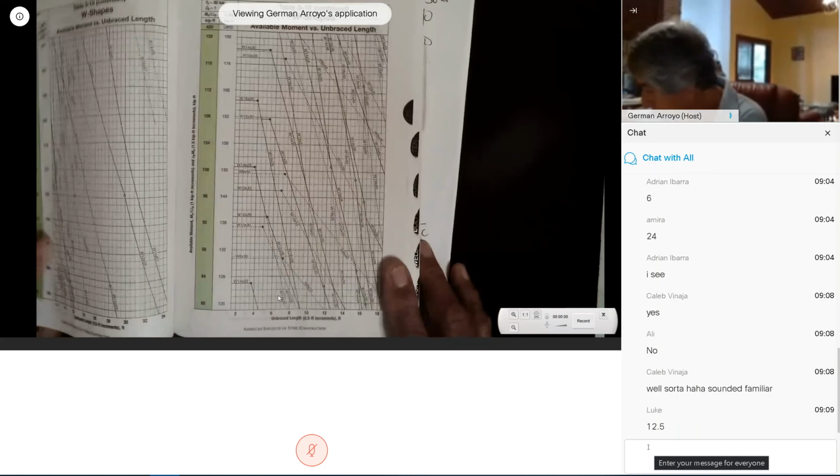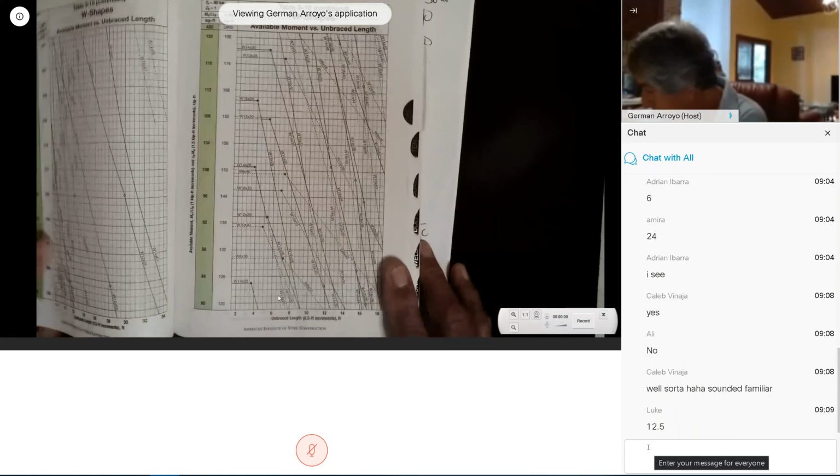So I was saying that we go to that table, the table, just to find what we need. Zx, phi Mp, phi Mr, Lp, Lr, Ix, and phi Vn.